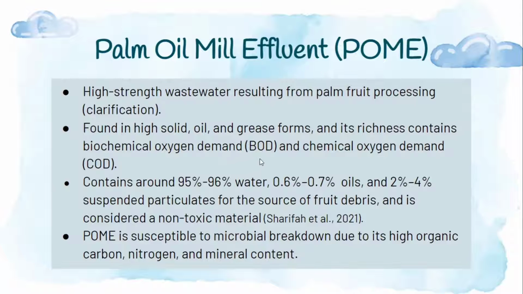It contains around 95 to 96% water, 0.6 to 0.7% oil, and 2 to 4% suspended solids. It is also susceptible to microbial breakdown due to its high organic carbon, nitrogen, and mineral content.